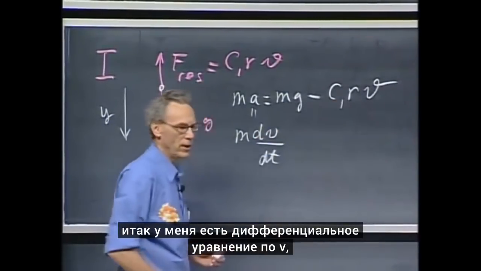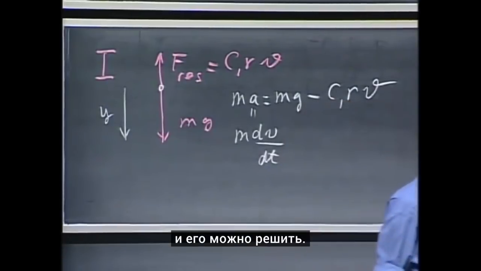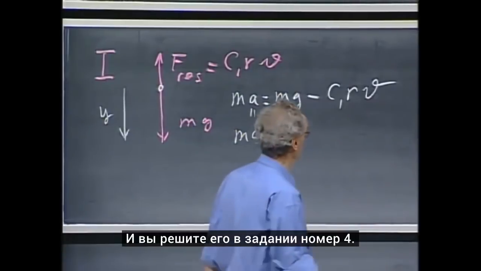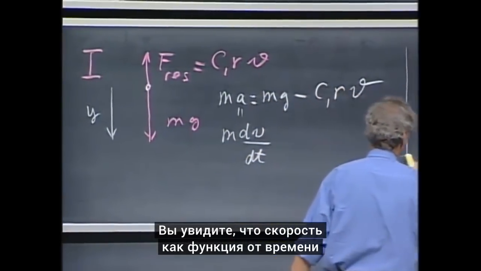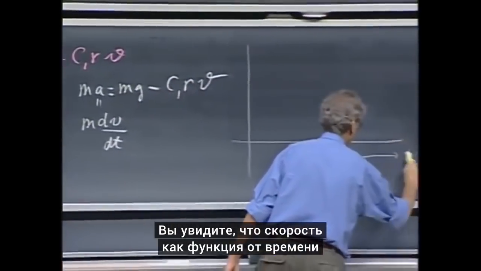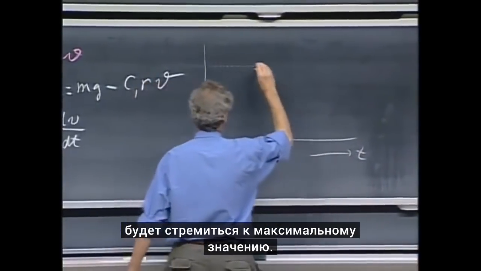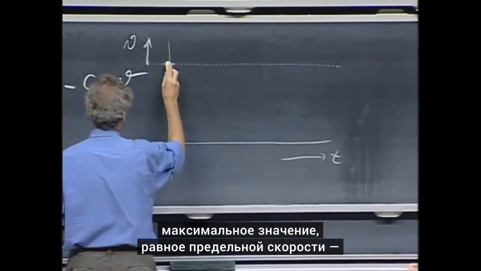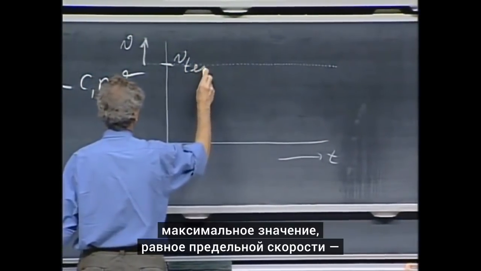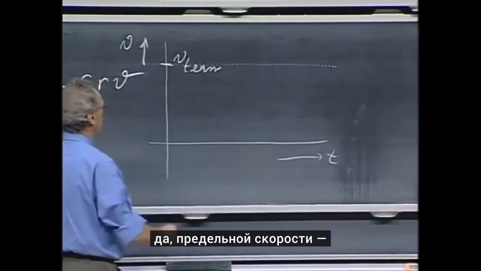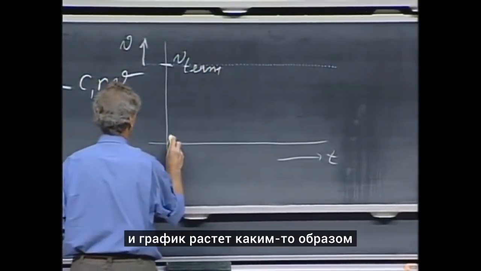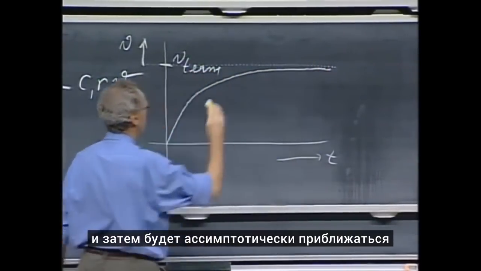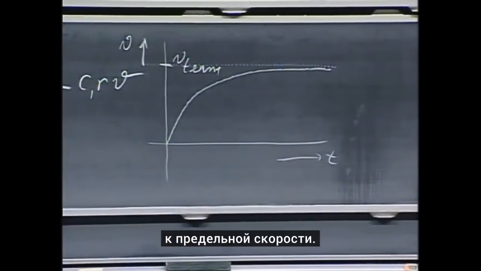So I have here a differential equation in v. And that can be solved. And you're going to solve it on your assignment number 4. What you're going to see is that the speed as a function of time is going to build up to a maximum value, which is the terminal velocity, or you may want to call it terminal speed, and then it's going to asymptotically approach the terminal speed.